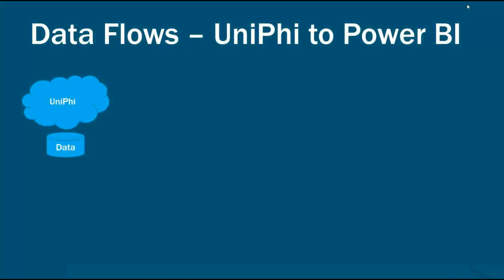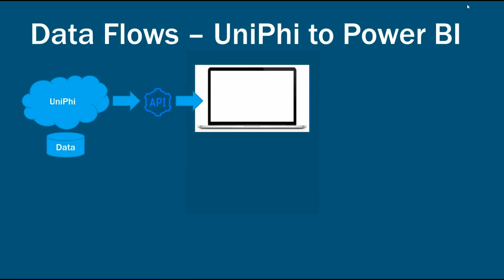Okay, so how does the data flow from UniPhi to Power BI? So here we've got our UniPhi cloud with our big database and large data sets. And we've got our API that I referenced, pulling the data out of UniPhi and presenting it to Power BI on the desktop.